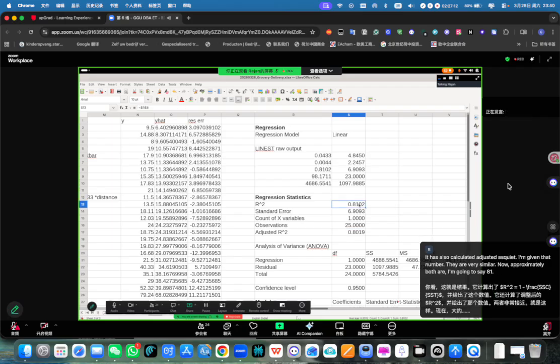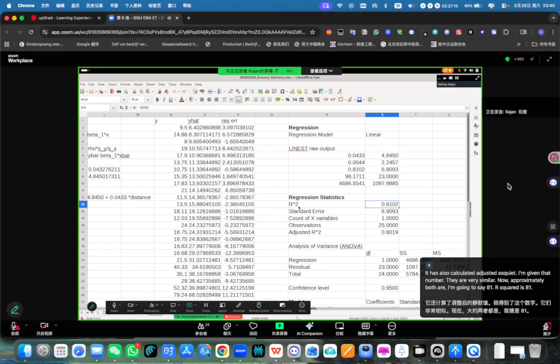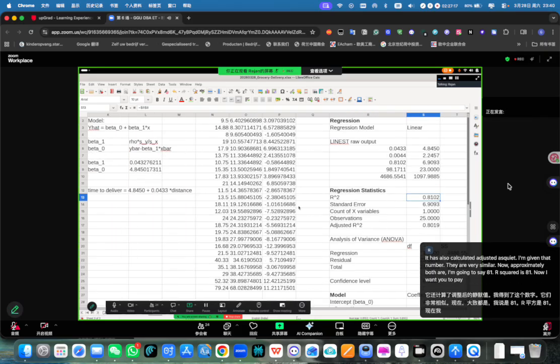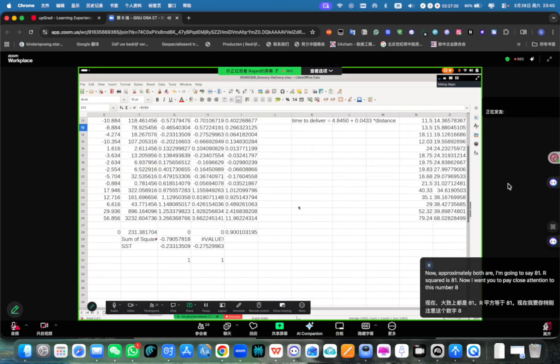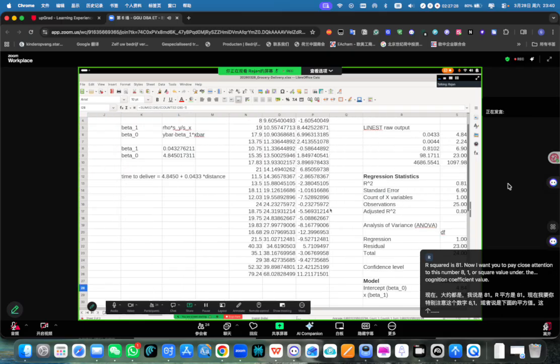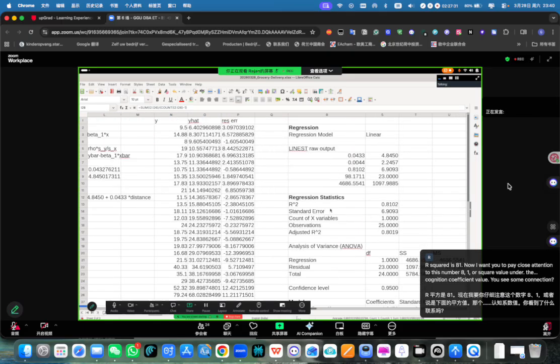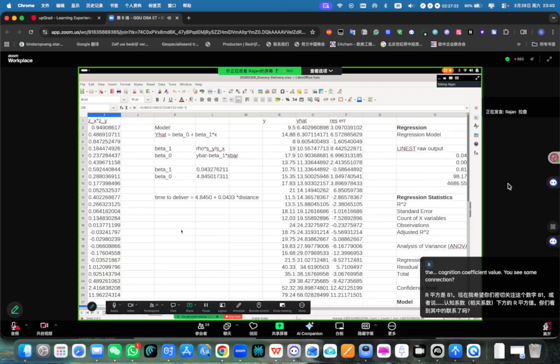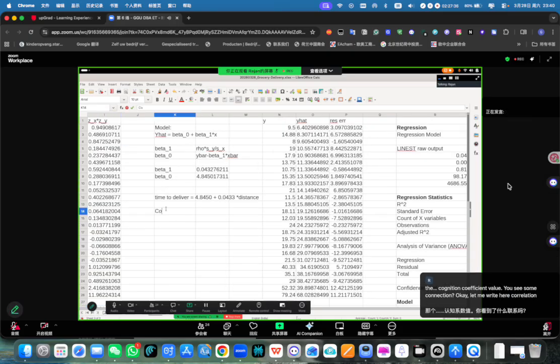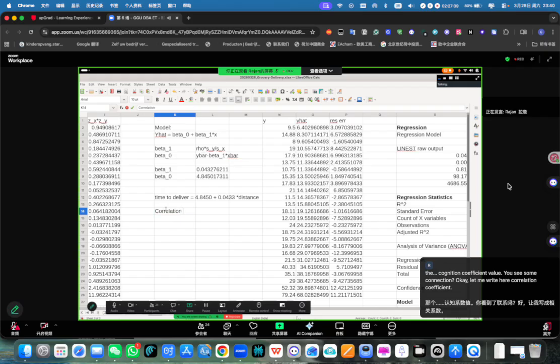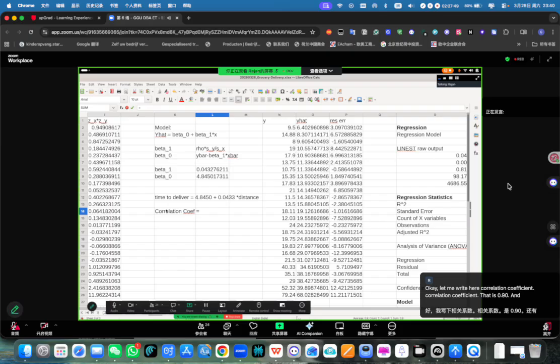R squared is 0.81. Now, I want you to pay close attention to this R squared value and the correlation coefficient value. Do you see some connection? Let me write here the correlation coefficient, which is 0.90.